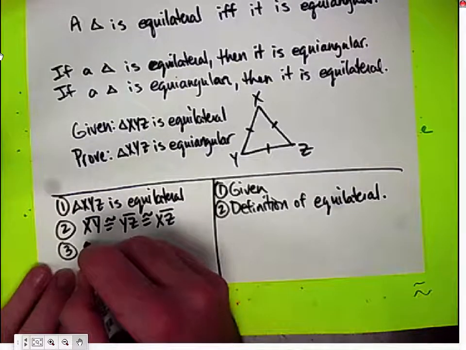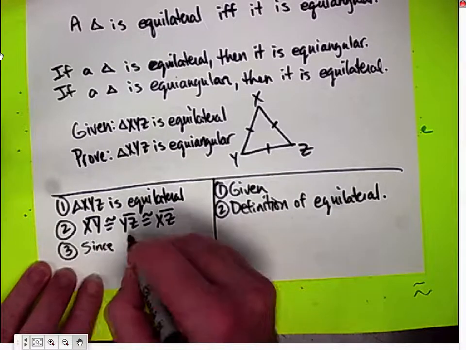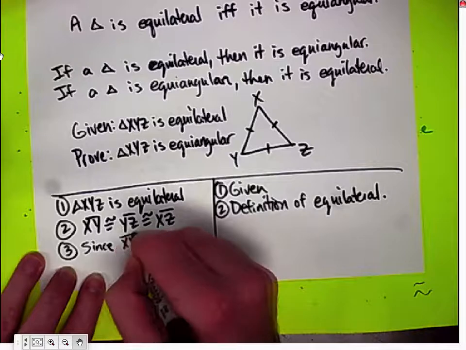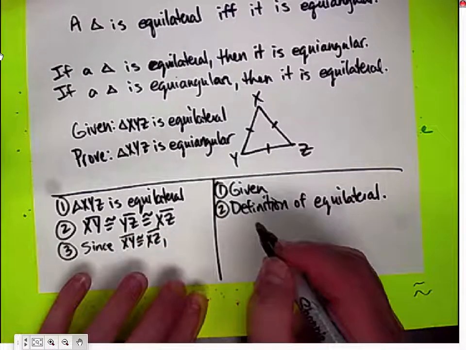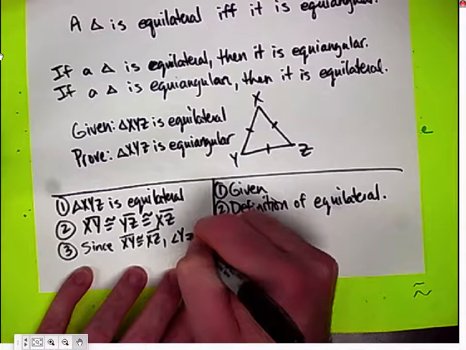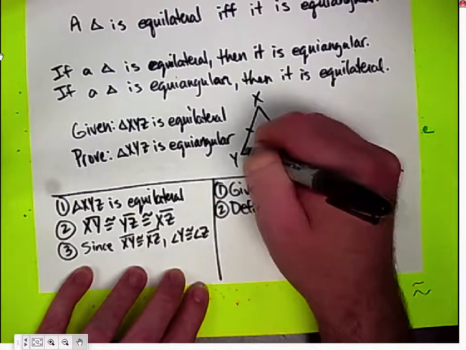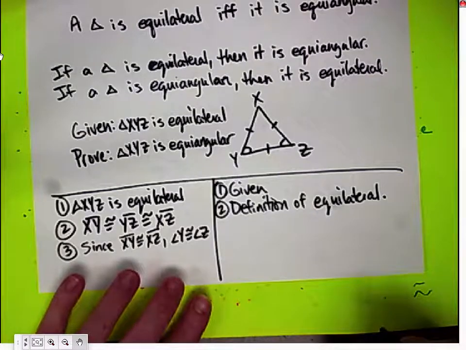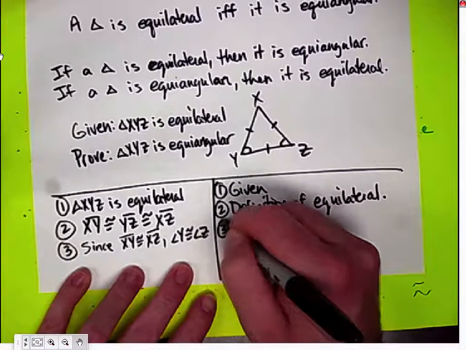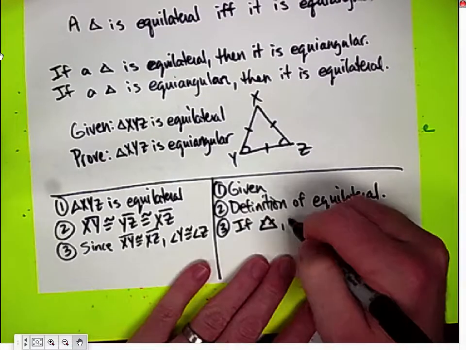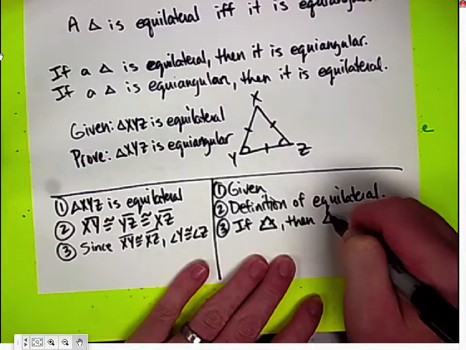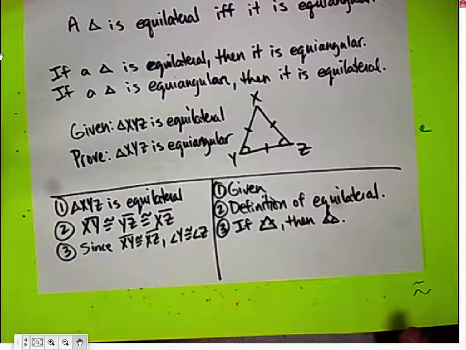So since XY is congruent to XZ, we know that angle Y is congruent to angle Z. And the reason is, if opposite sides are congruent, then opposite angles. We just proved that.